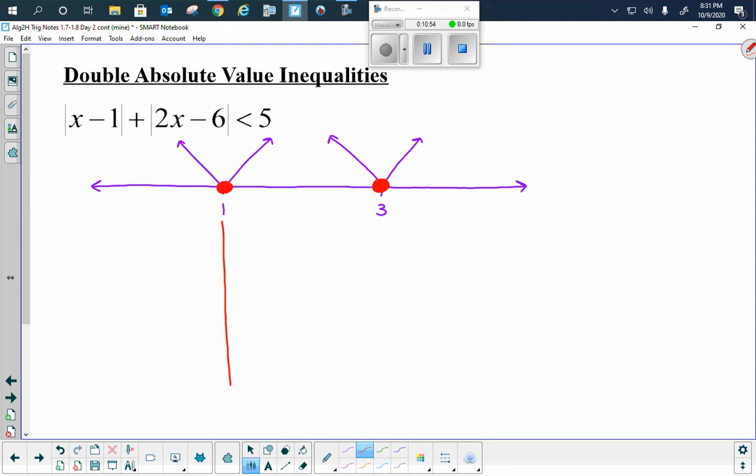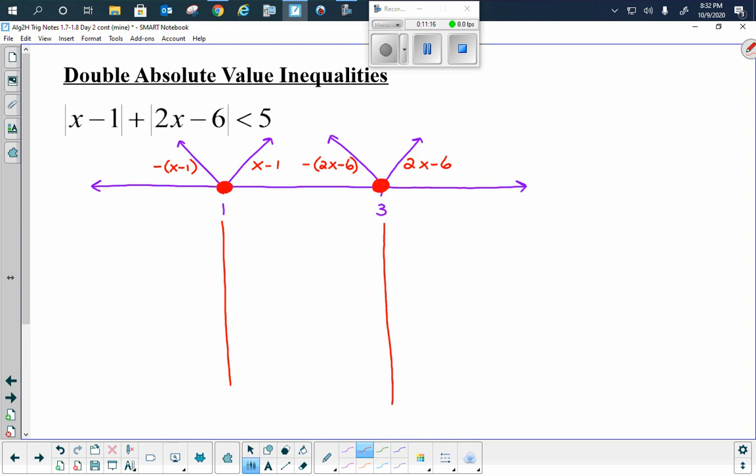Divide it up so that you have 3 regions. Let's put in our equations. So this is going to be the x minus 1 and the opposite of x minus 1. For this one, this will be the 2x minus 6 and the opposite of 2x minus 6.